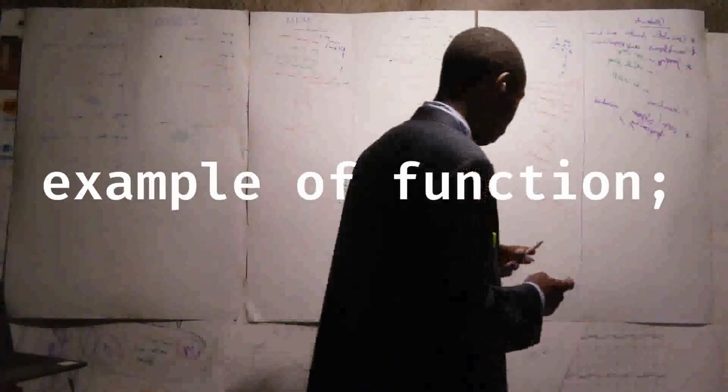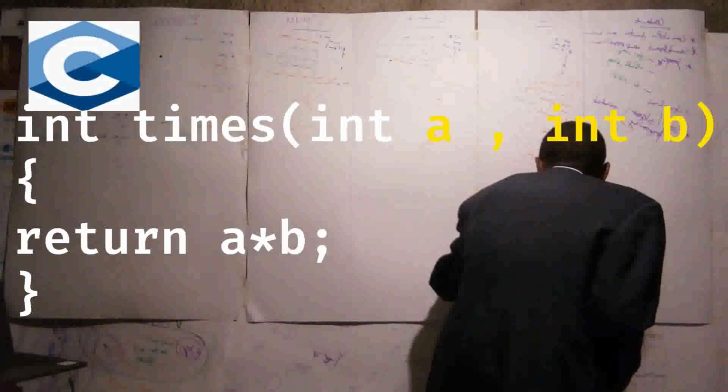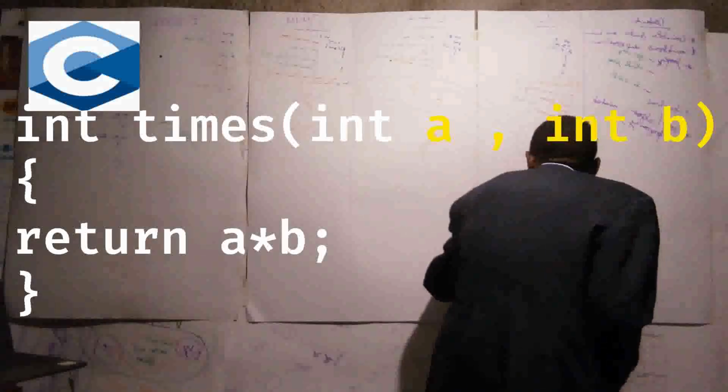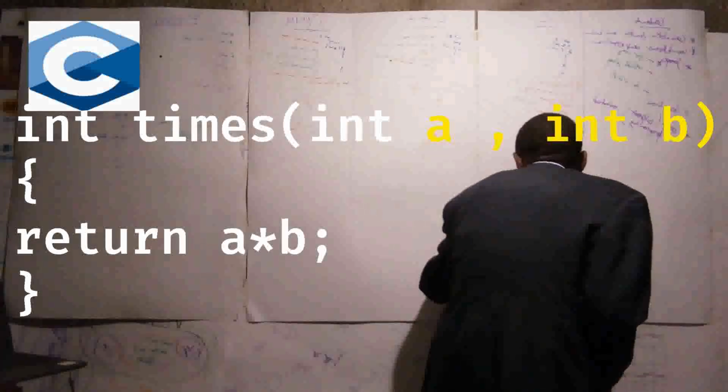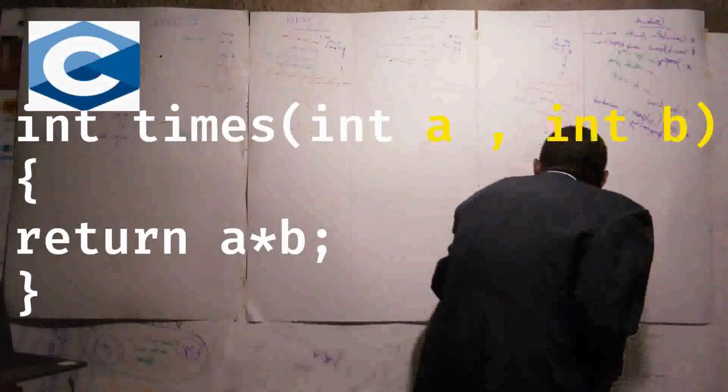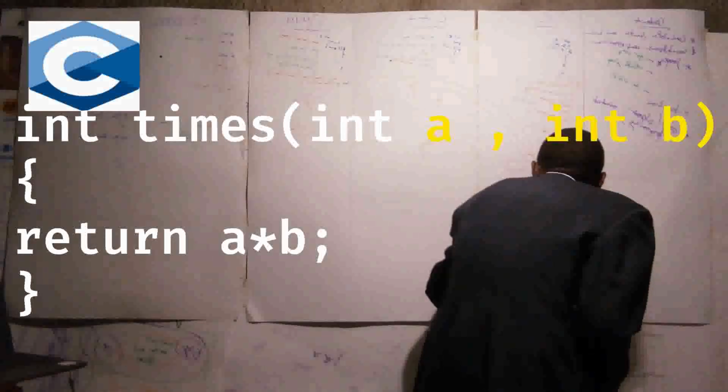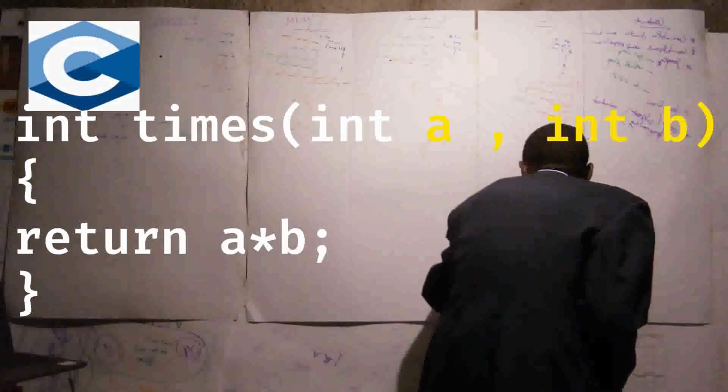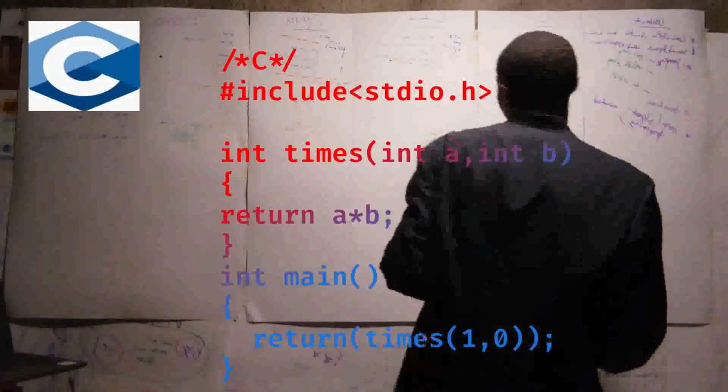Suppose in C: int, the function name times, with int A and int B, open the braces, return A times B.